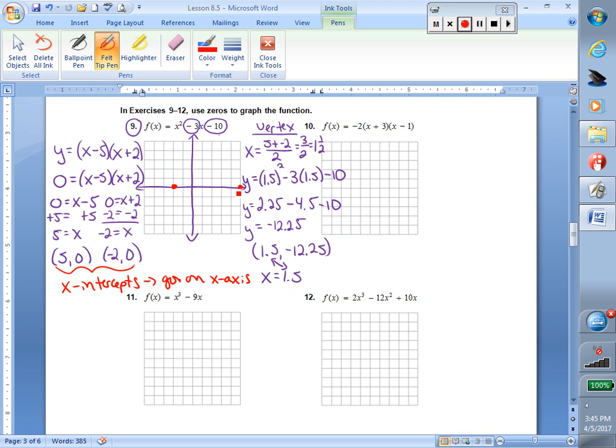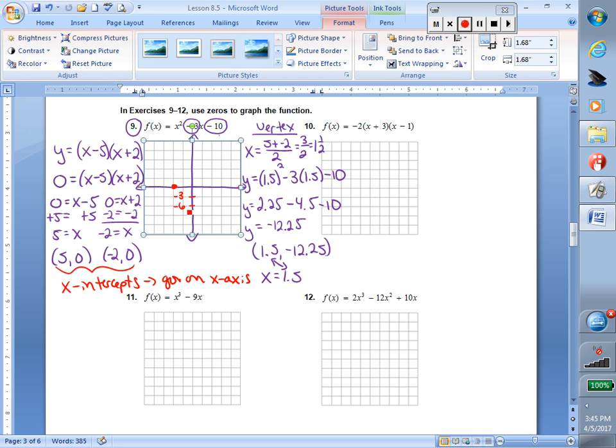My vertex is at 1.5, and it says negative 12 and a 4. Well, if I change my scale and now I go down by 3s, now I can fit all the way up to negative 15 on my graph. I don't have to try to extend my graph out at all. I can just change my scale, and that's okay.